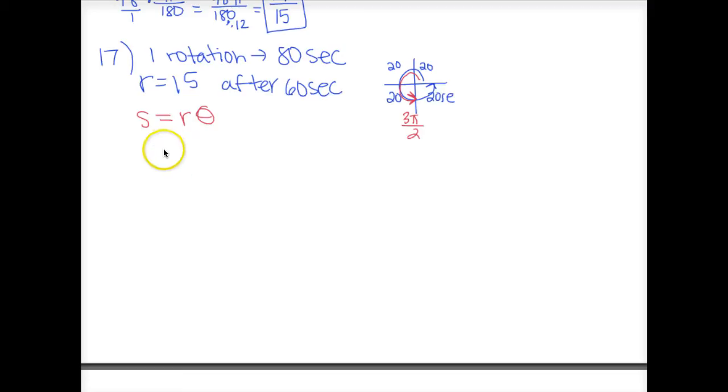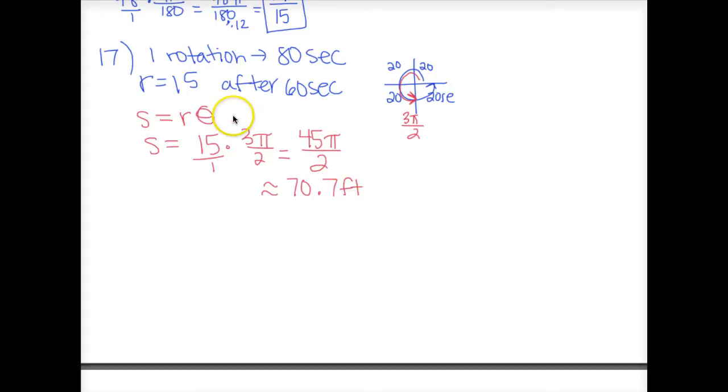Obviously, your radius is 15. So arc length equals 15 times 3 pi over 2. The 15 is over 1. Here there's nothing that reduces, so that gives us 45 pi over 2, which we can approximate using our calculator, and that gives us about 70.7 feet.